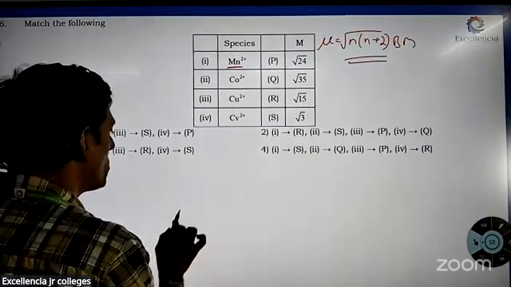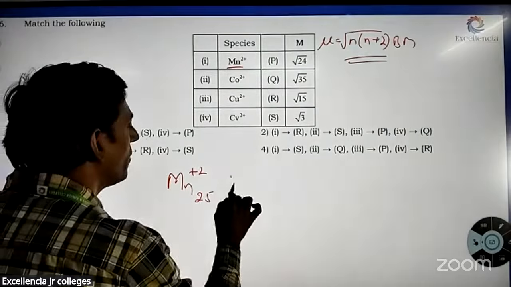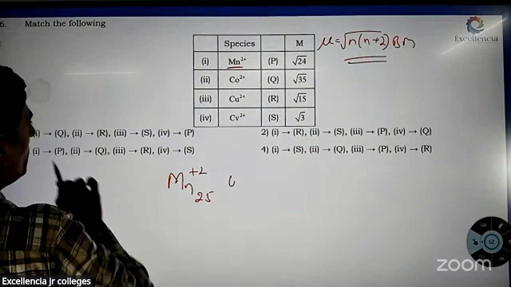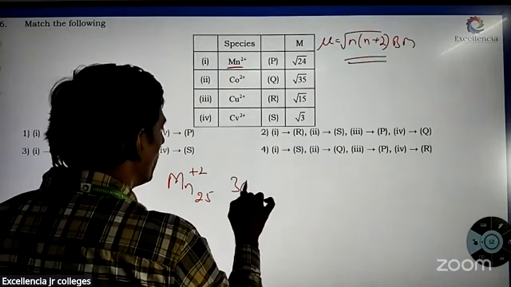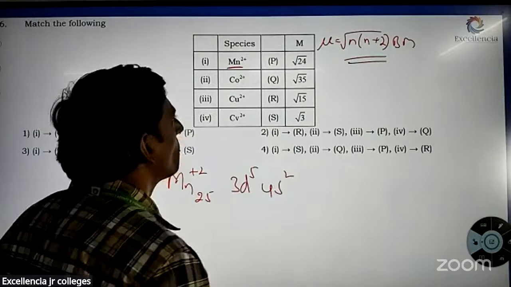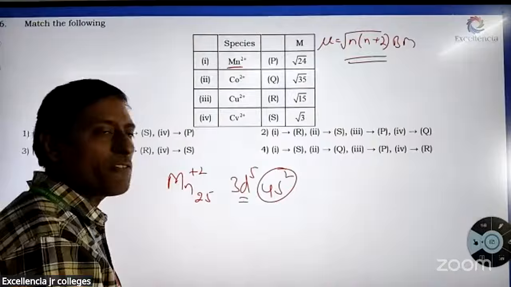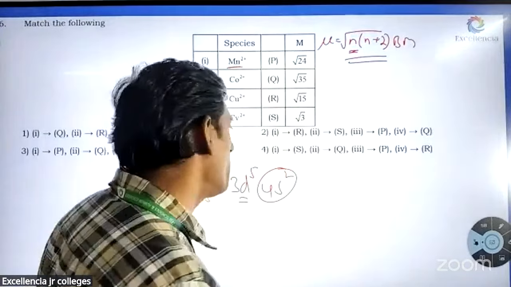Manganese 2 plus. Manganese has atomic number 25. What do you have? 3d5, 4s2. Plus 2 is the condition, so d5 is the configuration, with 5 unpaired electrons. In this magnetic moment, n is the number of unpaired electrons.